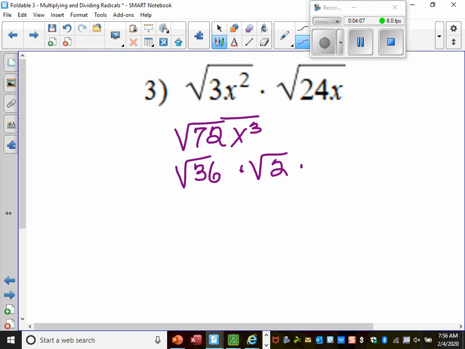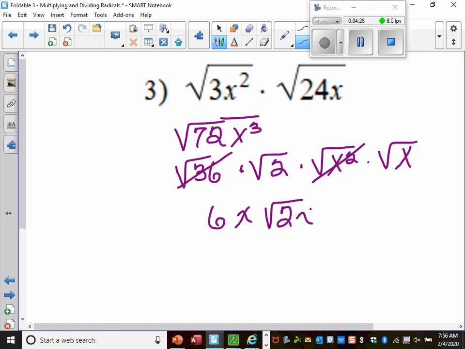And then we're going to break down that x to the third to factors of x squared times x. Take everything out that is a perfect square. So the square root of 36 is 6. Square root of x squared is x. And then we're left with rad 2x.